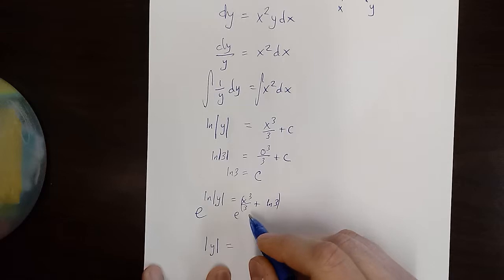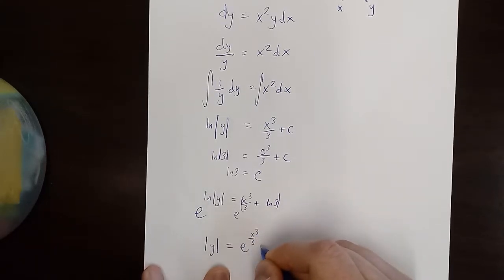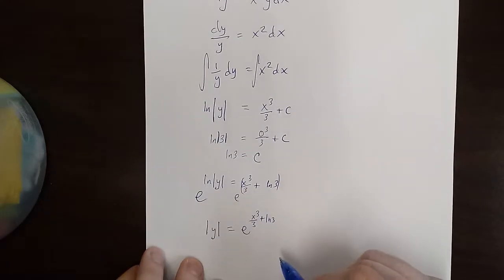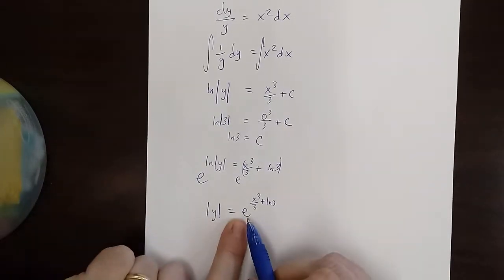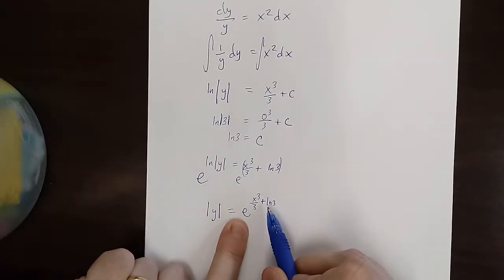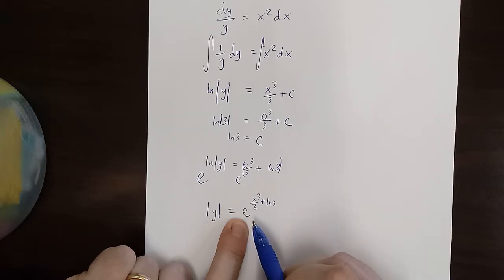And over here, we've got e to the x cubed over 3 plus ln 3. That's our exponent, which is a moderate amount of vomit, I think. Now, question: e to the something, when is that negative?